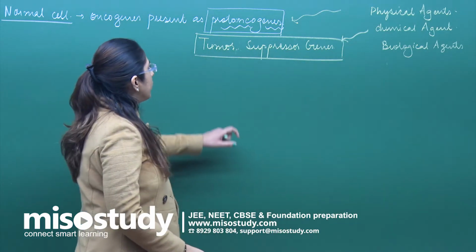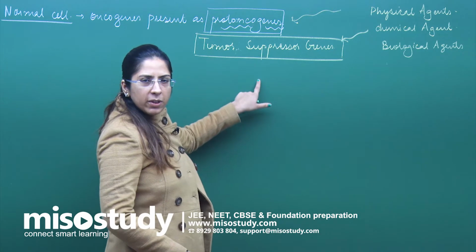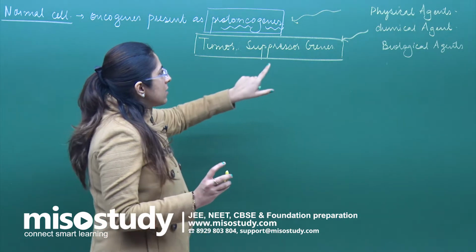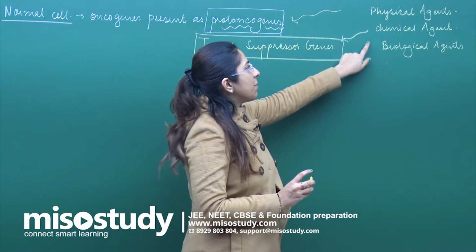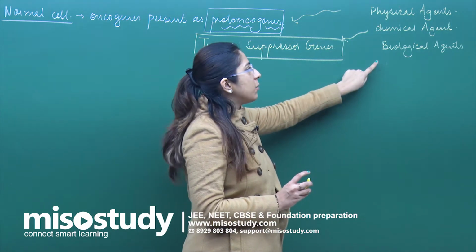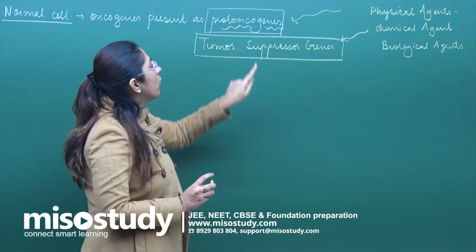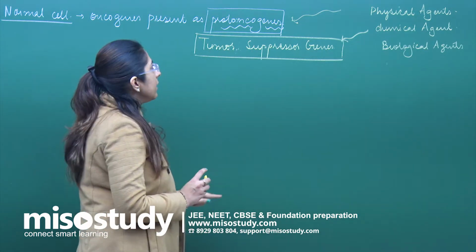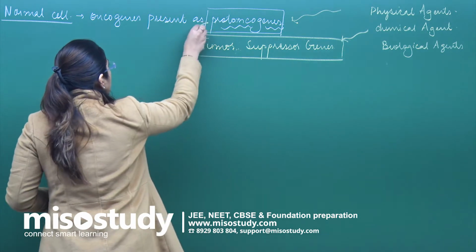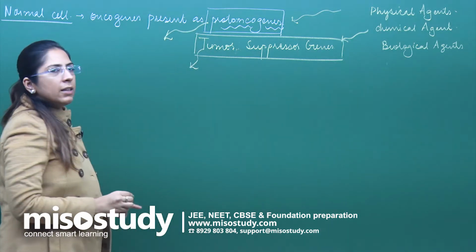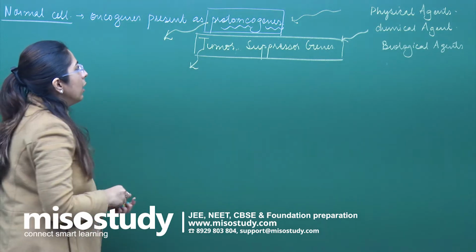Now listen very carefully. Proto-oncogenes and tumor suppressor genes are normally present in a normal cell. Suppose some physical, chemical or biological agents act on such genes. In that condition, these proto-oncogenes and tumor suppressor genes get affected.